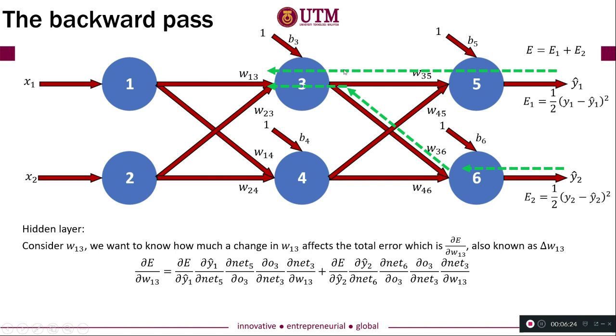Once you arrive here, you can do del O3 over del net, and del net over del W13, until you arrive at W13. These expressions are represented by the upper green lines to express this component. Later you can check that one.